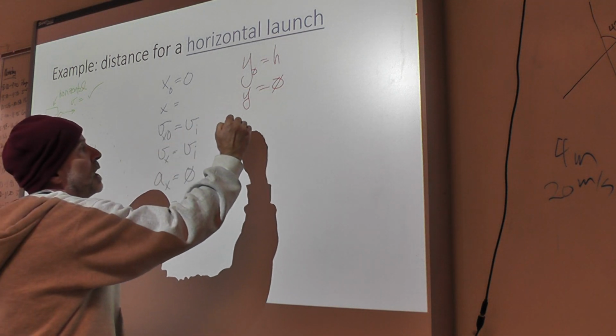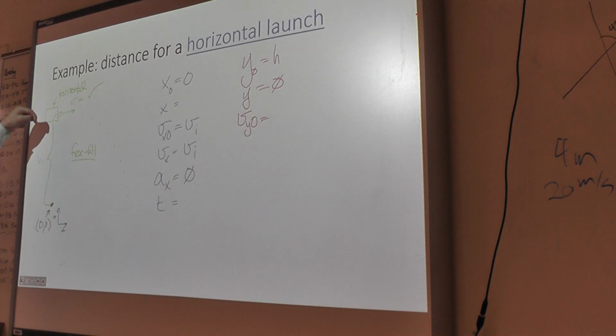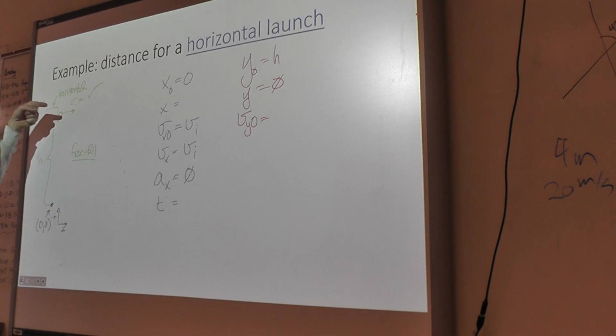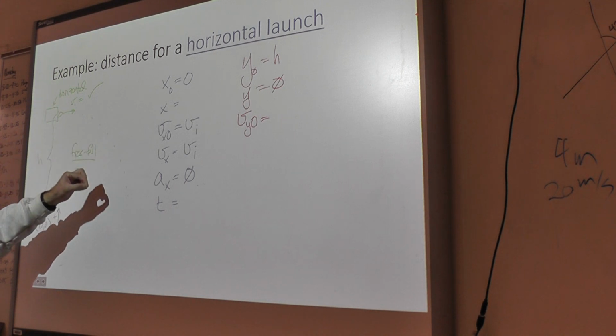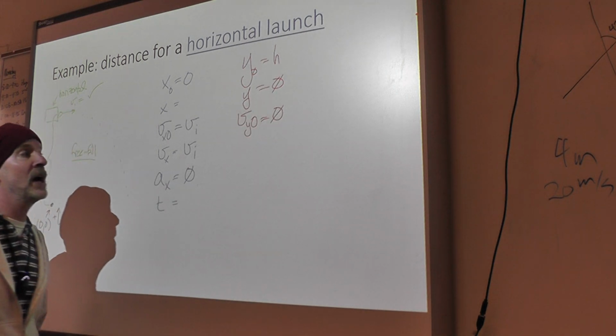Its initial velocity in the vertical dimension is 0. It's not going down yet. It's gonna start going down, but it's pushed off the launcher with an entirely left to right velocity. As soon as it leaves the launcher, it starts to accelerate towards the ground, and it speeds up as it goes. But initially, it has no vertical velocity.